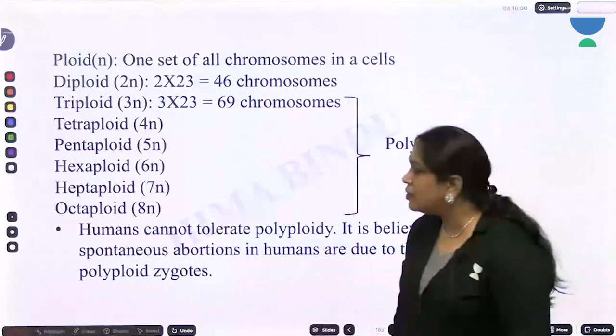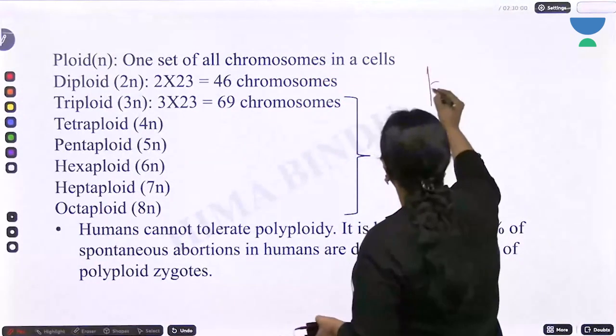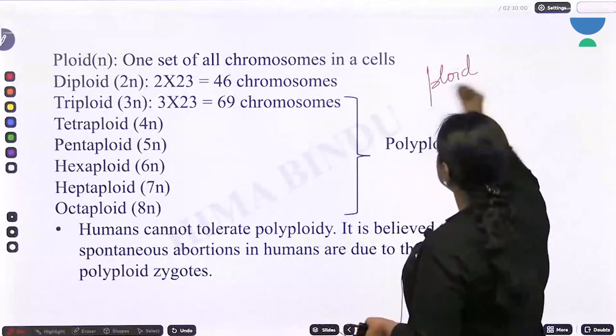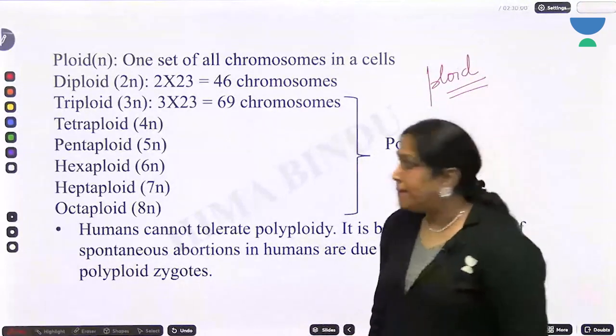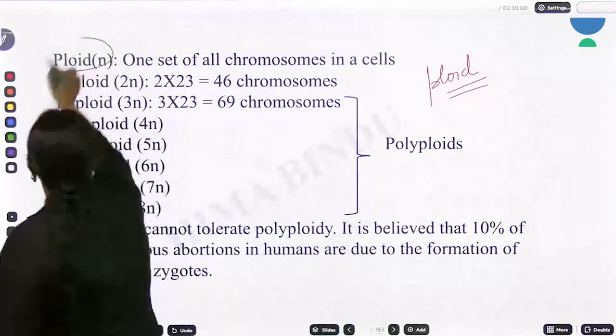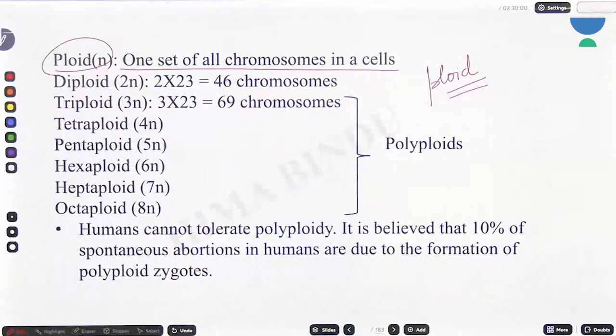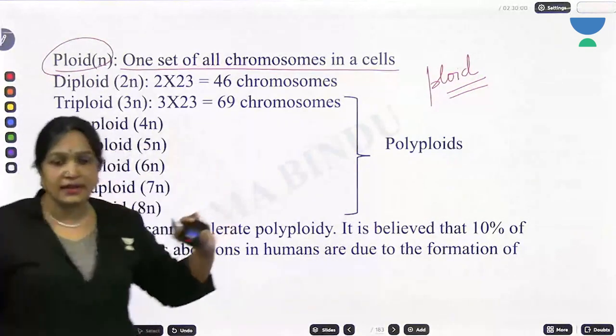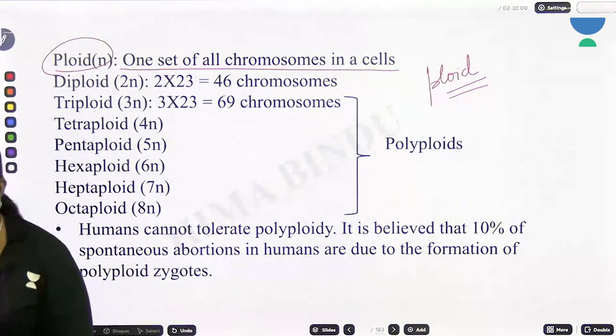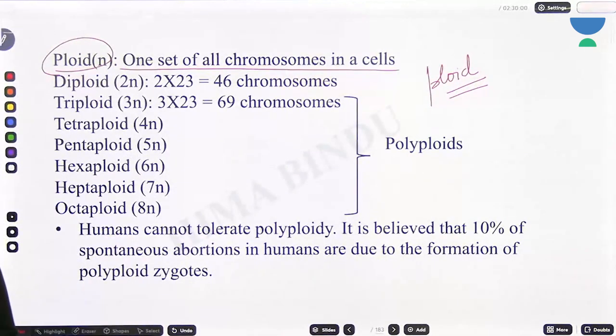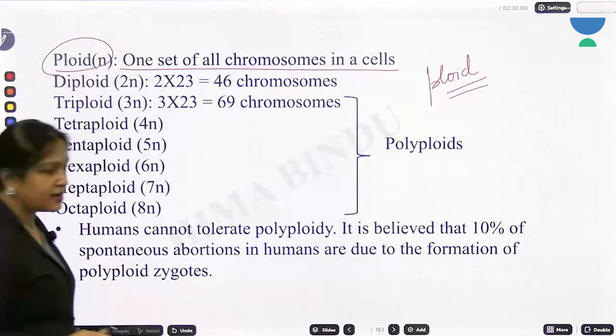Next, we are using one more word called ploid. Note this word. Ploid means one set of all chromosomes in a cell. Only one set. I will highlight a few parts of this definition, and based on that, I will ask you something. So try to understand it.